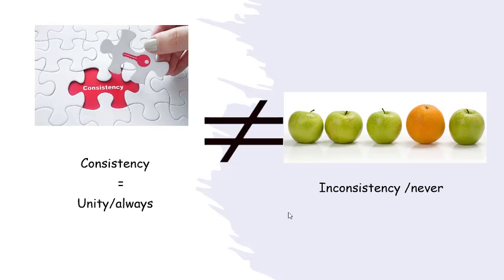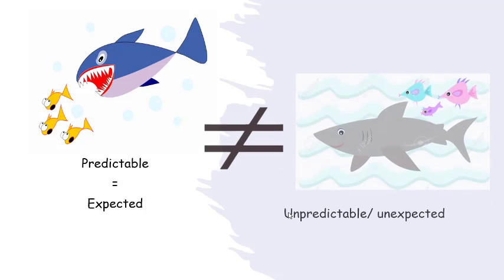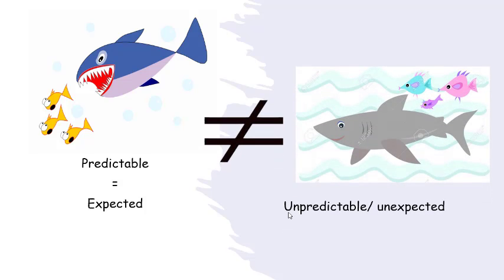Let's see the next word. Predictable. And the synonym of predictable is expected. Like here. It's expected the shark eats the fish. But the antonym of predictable is unpredictable or unexpected. Like it's unpredictable, the fish and the shark will be friends.